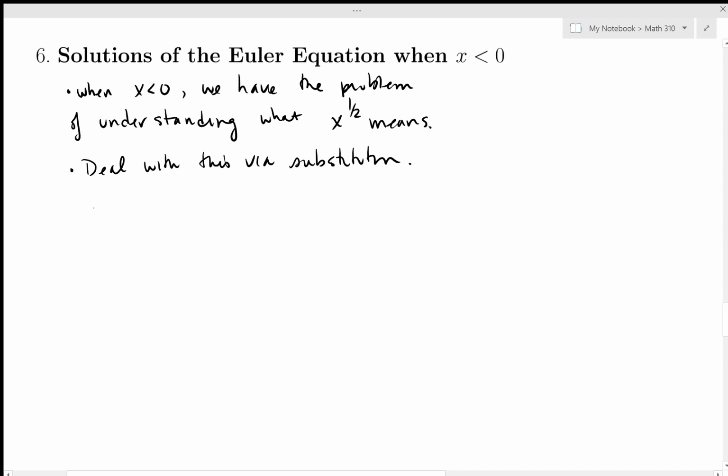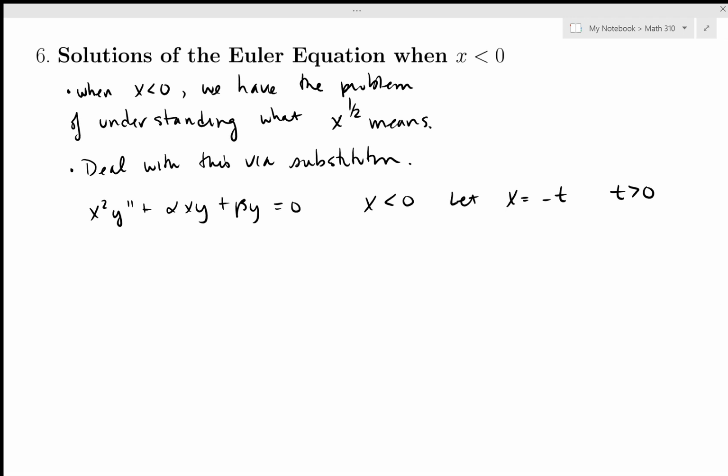And so we have a differential equation, x squared y double prime plus alpha x y prime plus beta y equals 0, and now x is less than 0. So what we're going to do is let x be minus t. That means that t will be greater than 0. So I'm going to transform this back to a differential equation where the independent variable is positive, because I already handled that situation.